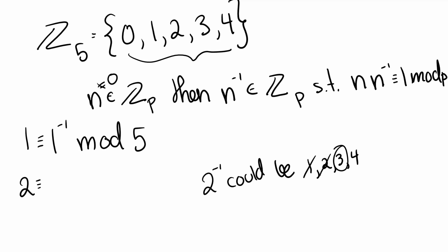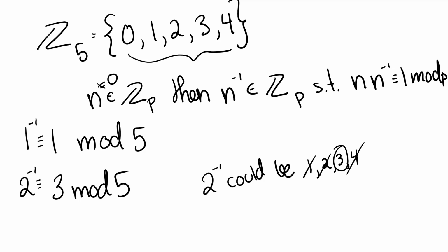Ooh, 3 is going to work because 2 times 3 is 6, and so that's 1 mod 5. And lastly, 4 wouldn't work because that would be 3 mod 5. Oh, sorry. I should write it this way. The inverse of 2 is equivalent to 3 mod 5.